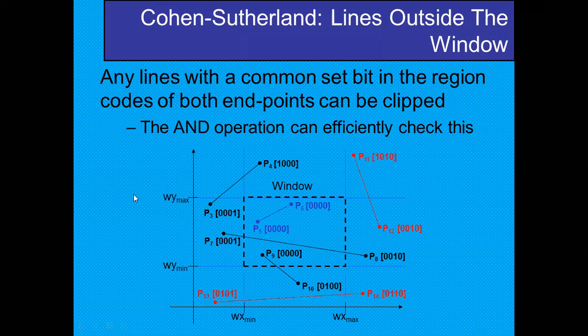Now we will see here P5 and P6. The points P5 and P6 we can assign directly the code 0000, because they are not touching any edge of the window, and here there is no need to do the ANDing operation.